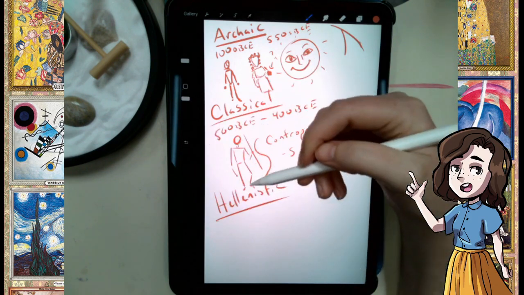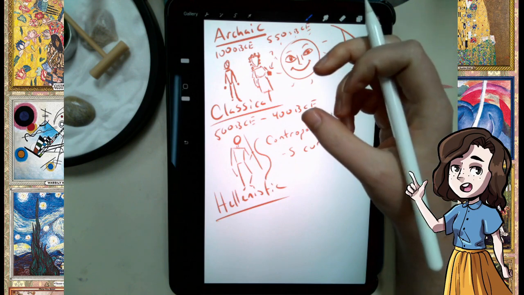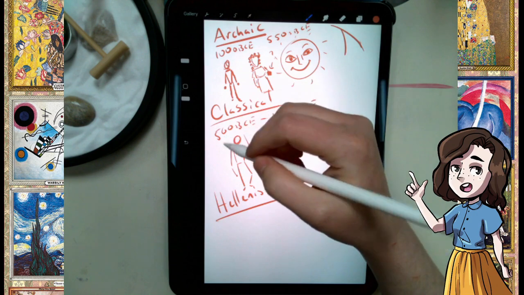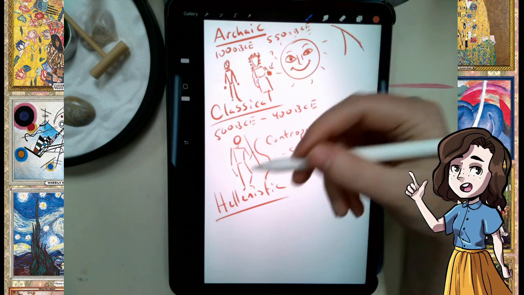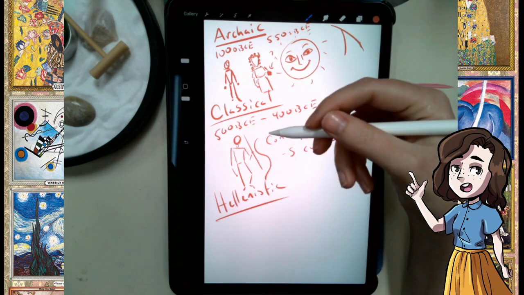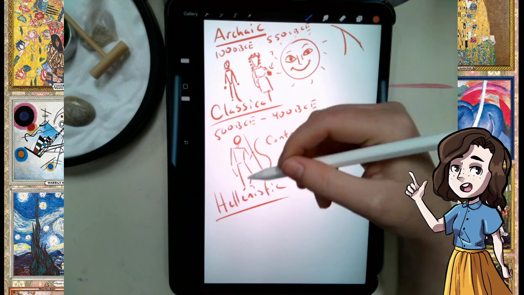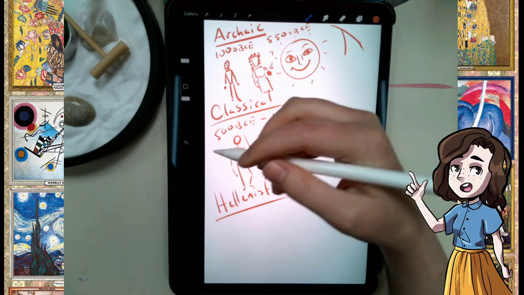Everything is measured, like the knuckle proportion to the hand is all specifically measured because the Greeks love math. So the ideal is mathematical. It's still nude, it's still muscular, but there is that added level of math to it.